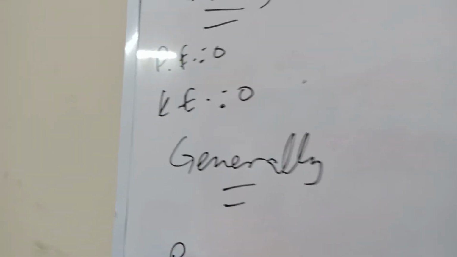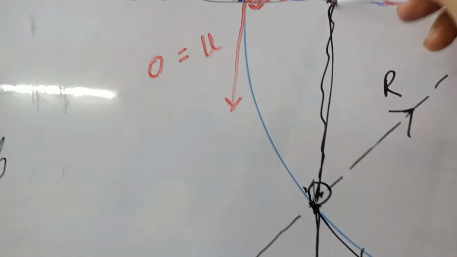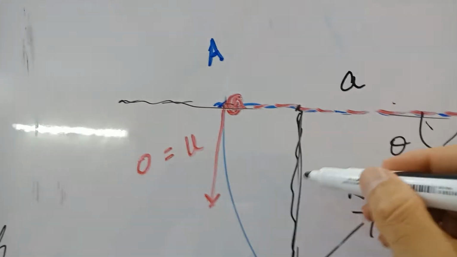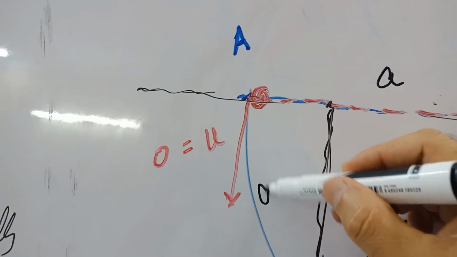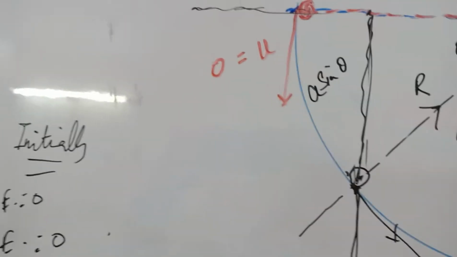Generally, the potential energy would be, if I can determine the length over here, we know that this is the radius, which is a, and this height is a sine theta.